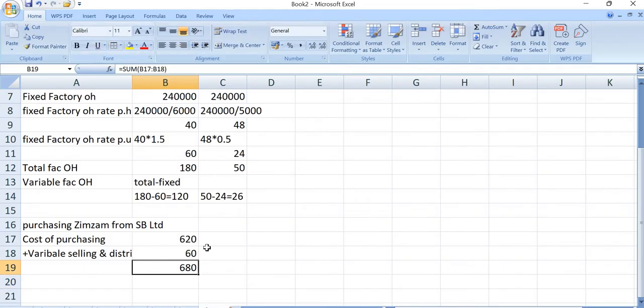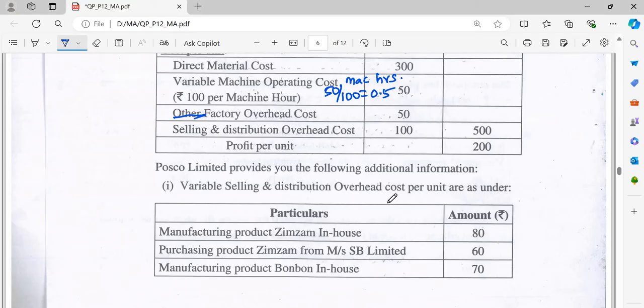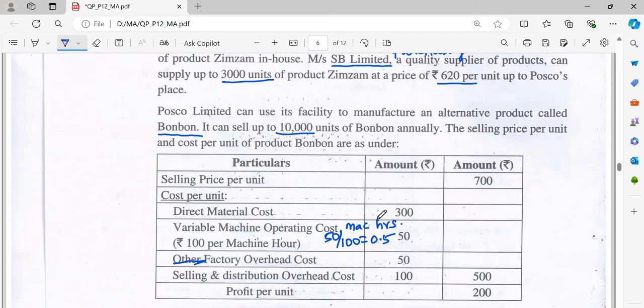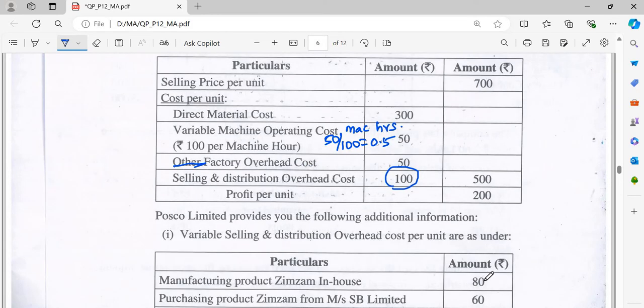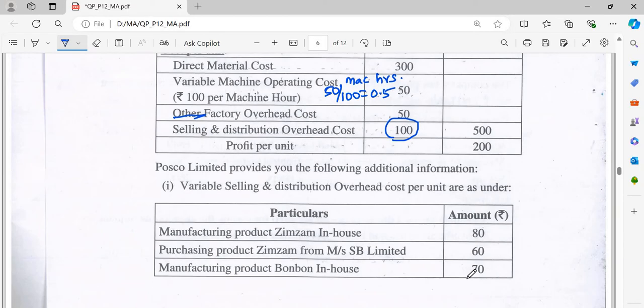Here I am not considering fixed selling and distribution overheads, because either way I am going to incur them. Whether I am purchasing or producing, I am going to incur the same selling and distribution overheads. You can get confused here: it is said 100, but the variable is mentioned as 70, so the difference will be fixed.